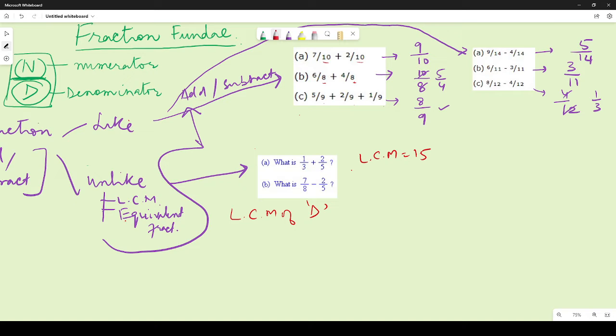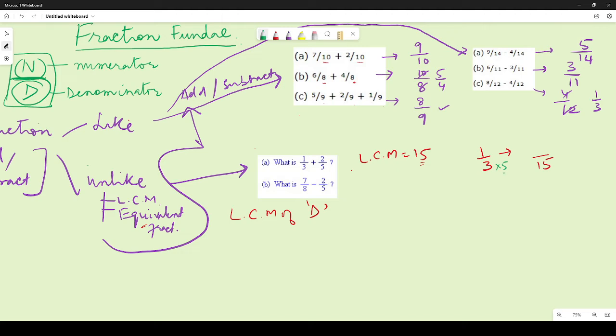Now the next step is to change them into equivalent fractions. So what do we mean by changing into equivalent fractions? So 1 by 3 has to change into another fraction which has the denominator 15, because the LCM is 15, right? So how does 3 change into 15? To change 3 into 15, we need to multiply it by 5.